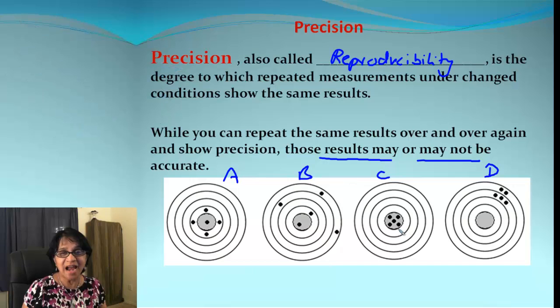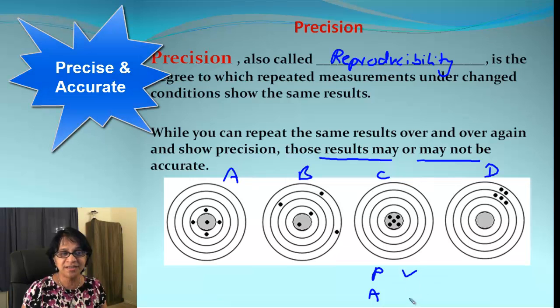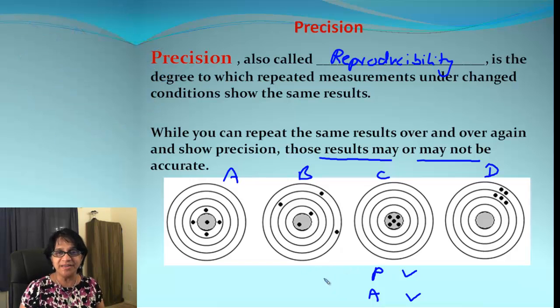That means that is accurate. And also every time that dart is hitting the center bullseye, that means we are precise. So if you use the letter P for precise and A for accuracy, you can say this one is both precise and also accurate.